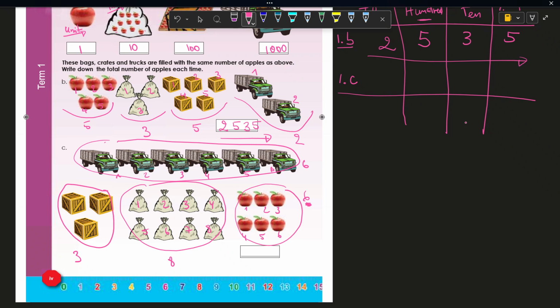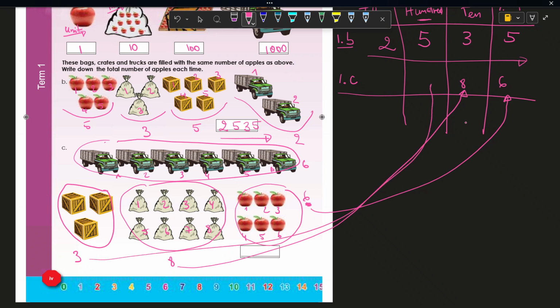We had 6 units. Then we have how many 10s? We've got 8. Then the next one, we have 3 crates. And then lastly, how many thousand? We've got 6. Such a beautiful number.